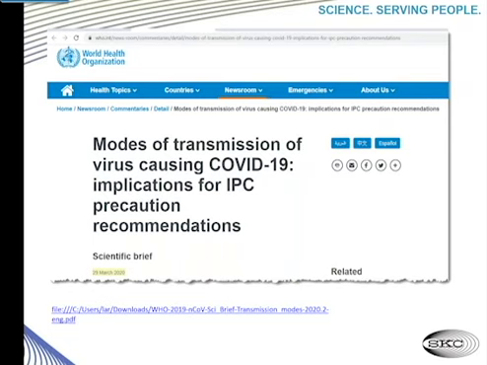The first one is that they continue to recommend droplet and contact precautions for those people caring for COVID-19 patients, and recommend airborne precautions for circumstances and settings in which aerosol generating procedures and support treatments are performed. These are according to their risk assessment.